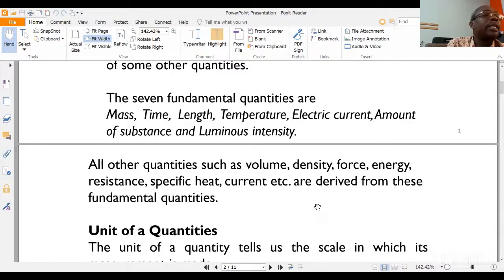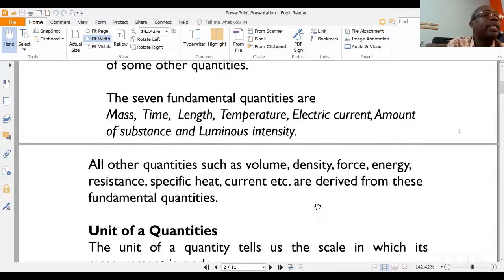You can see listed here is volume. We also have another one that is density. We have specific heat, current. You can add to the list. Well, let us look at 2 or 3 of them and ask ourselves, why are they listed as derived and not fundamental? Why is volume listed as derived and not fundamental?